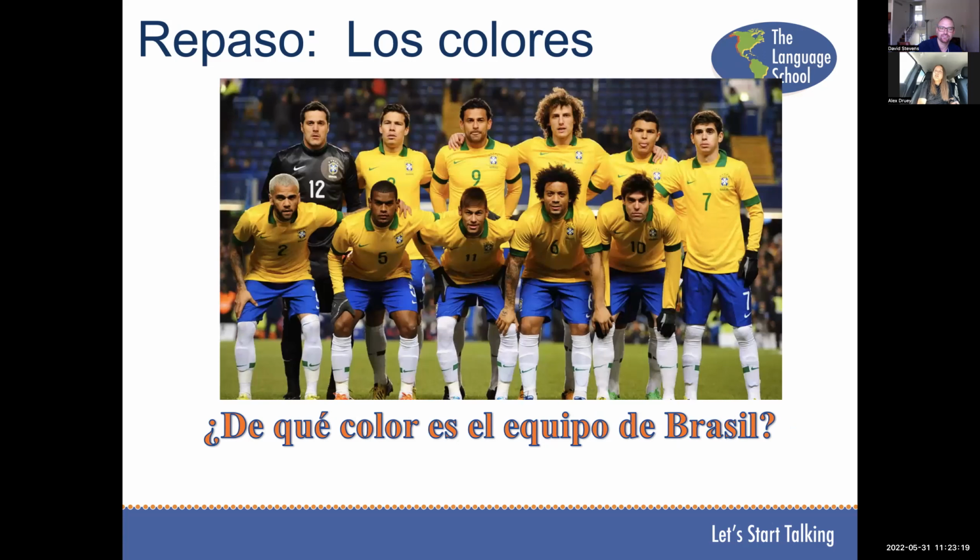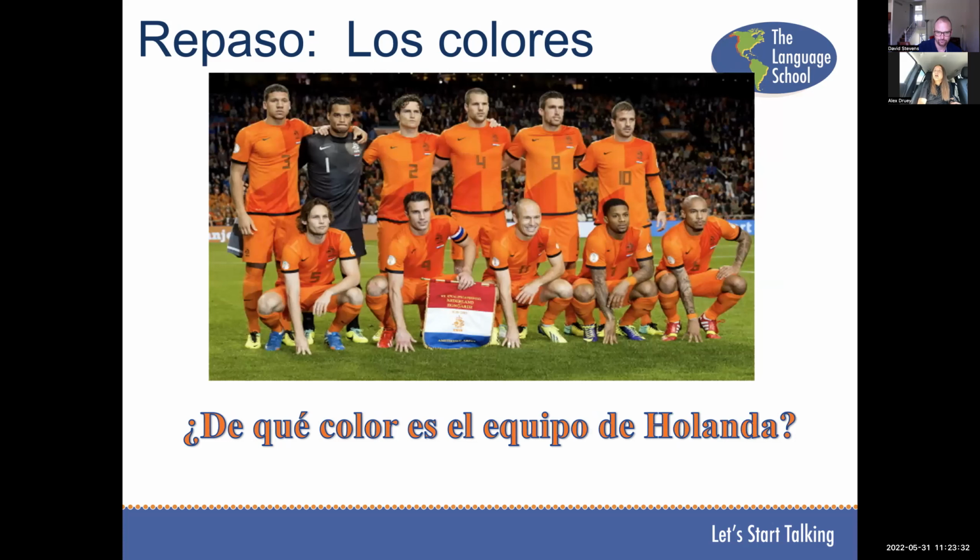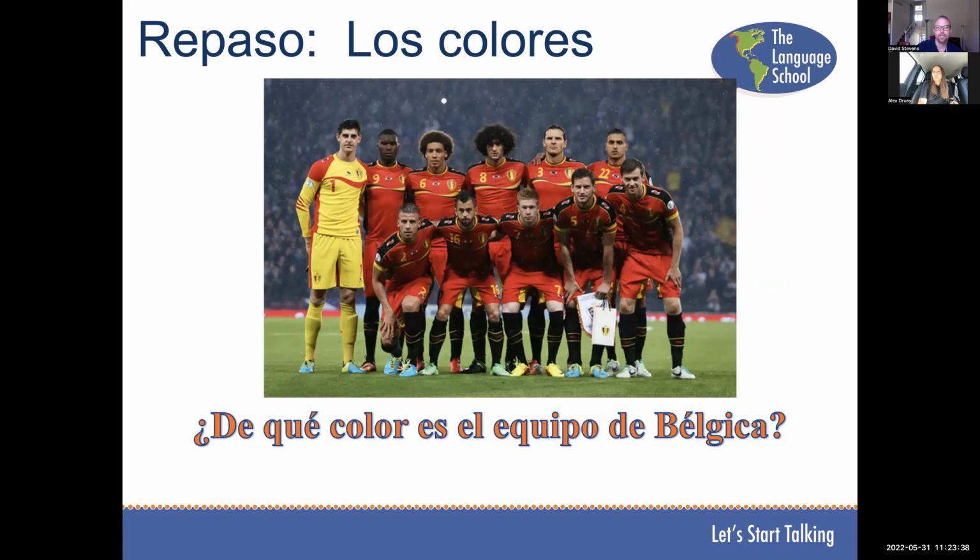Negro y amarillo y azul y blanco. ¿De qué color es el equipo de Holanda? Anaranjada y negro y azul y amarillo. Okay. ¿De qué color es el equipo de Bélgica?